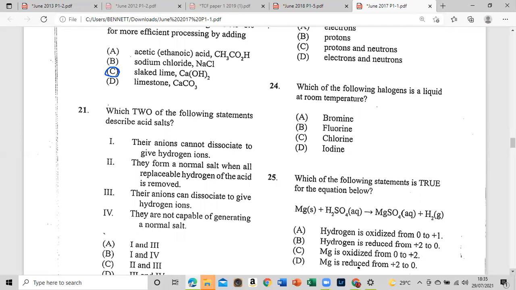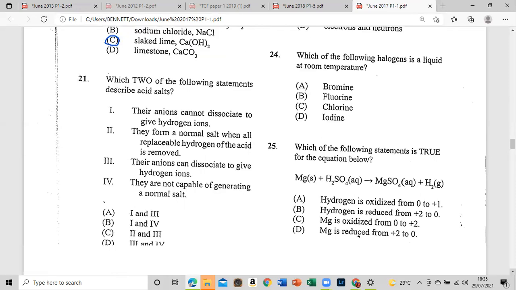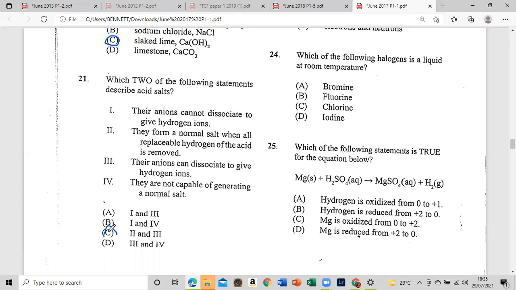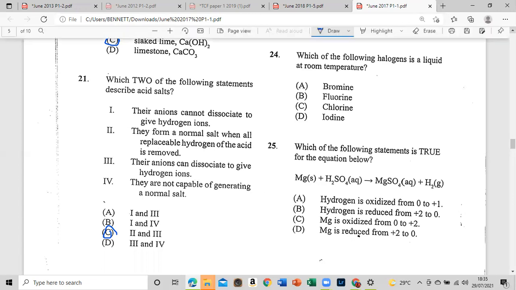Select the combination: 1 and 3, 1 and 4, 2 and 3, or 3 and 4. So 21 is 2 and 4. No, 2 and 3. Sorry. So 21 is C. Let's move on to 22.